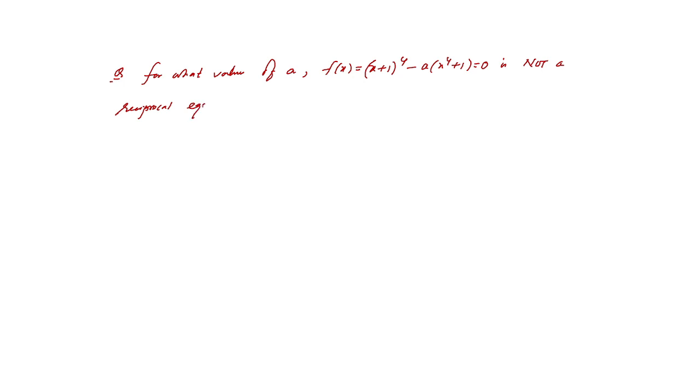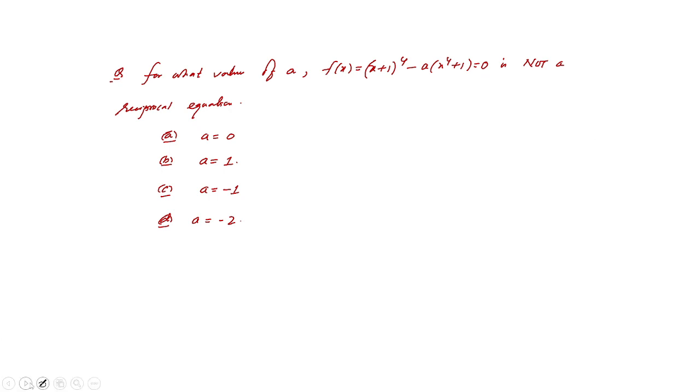Not a reciprocal equation. So here option A is a = 0. Option B is a = 1. Option C is a = -1. And option D is a = -2.